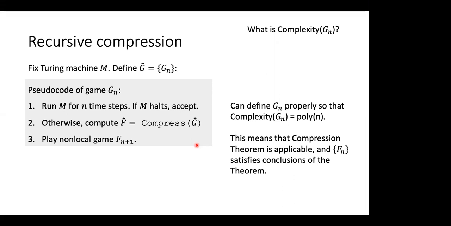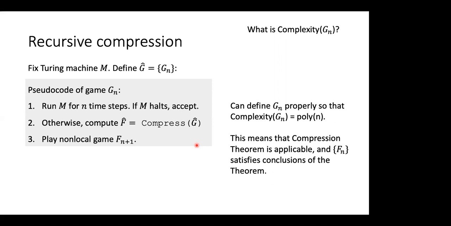So I have a question, just a clarification. So in the compression algorithm, you get this polylogarithmic complexity reduction. Is that used in the proof that you can have this recursive or self-referential step?